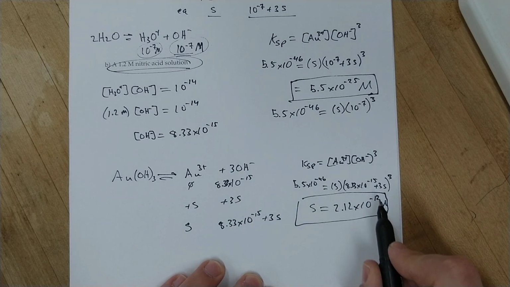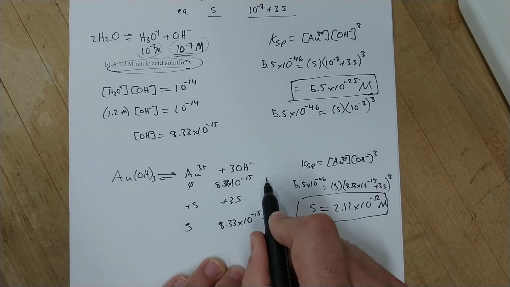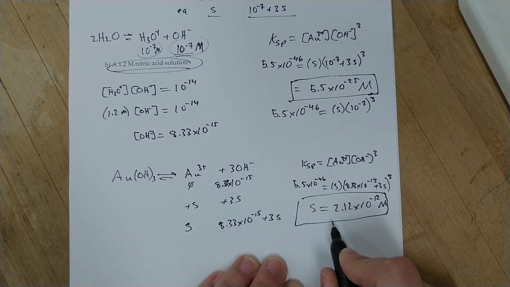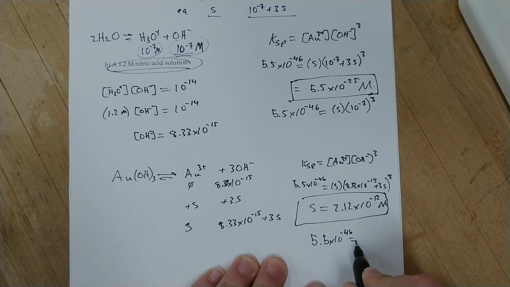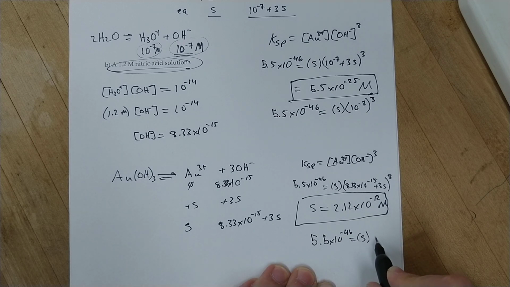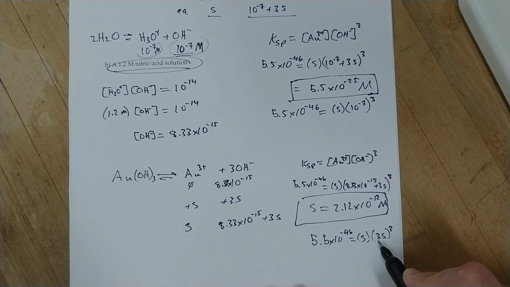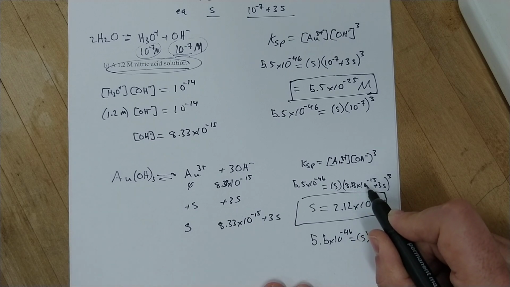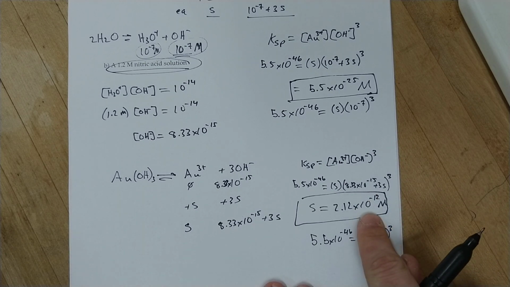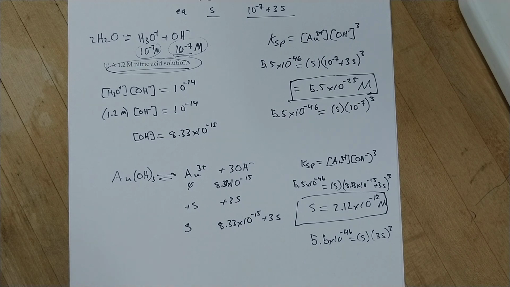So we actually could have made an approximately 0 approximation to begin this calculation. If you had done 5.5 times 10 to the negative 46 equals S times 3S cubed, so you had just eliminated the initial amount of hydroxide, you would have calculated that exact same number right there.